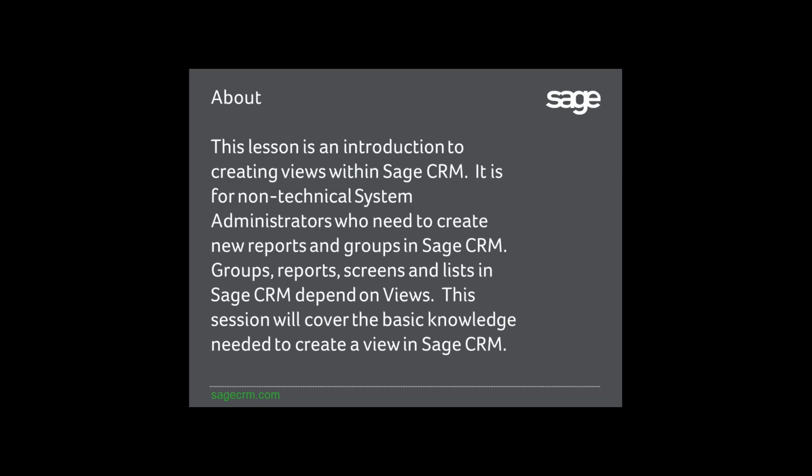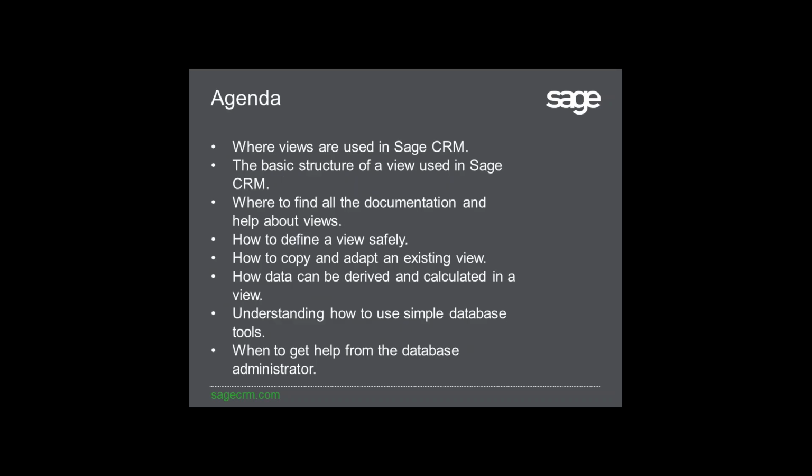And so in order to be able to do anything beyond the most simple customization, maybe changing the order of a field within a screen, we need to be able to construct views. And this is where this particular course comes into it.